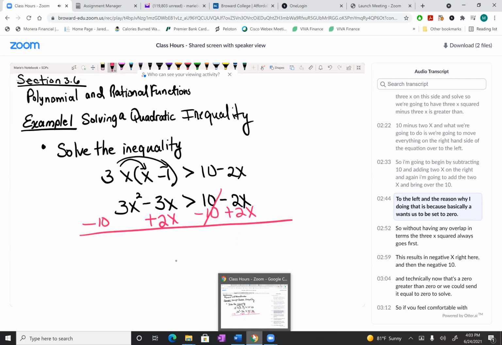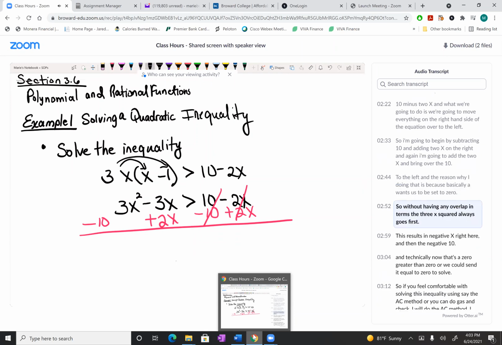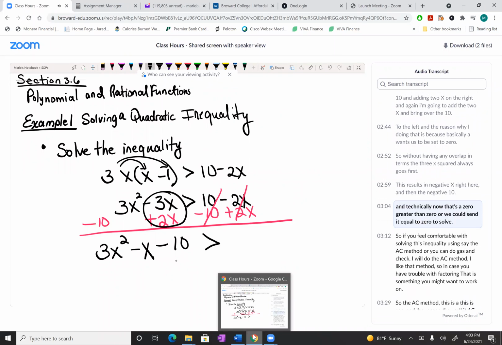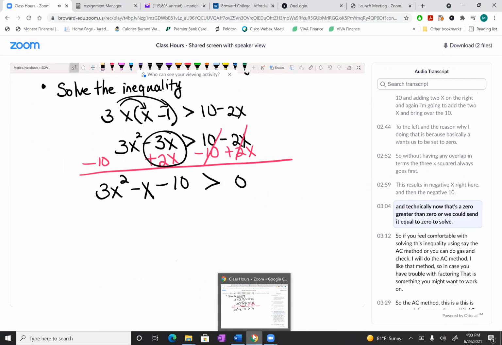The reason I'm doing that is because I want this to be set to 0. So without any overlap in terms, the 3x squared always goes first. This results in negative x right here, and then the negative 10. And technically now that's greater than 0, or we could set it equal to 0 to solve.